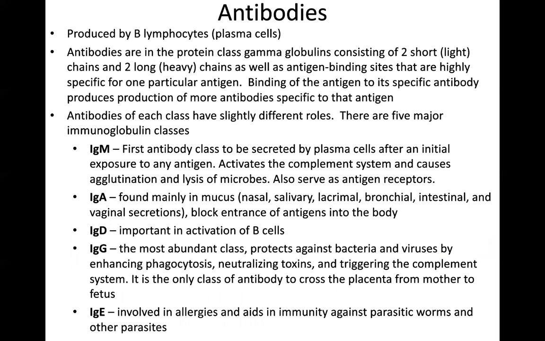Once again, antibodies are in essence produced by B lymphocytes, not directly, because it's actually the plasma cells that do the production of them. We classify them as proteins in the gamma globulin class, which we talked about in our last lecture. They consist of 2 short or light chains and 2 long or heavy chains, as well as antigen binding sites that are highly specific for only one particular antigen.